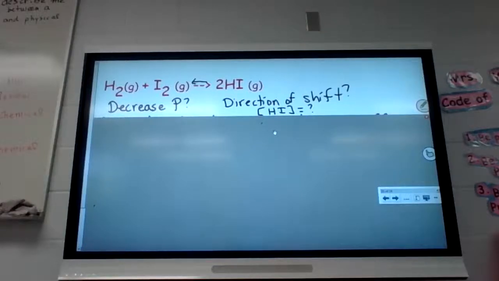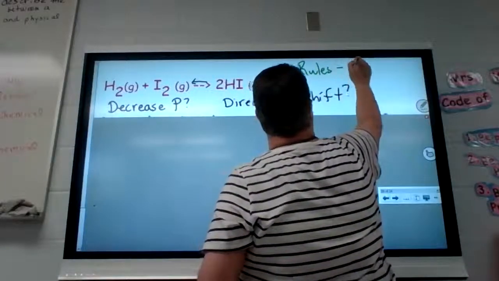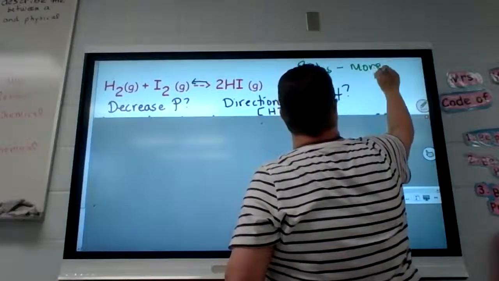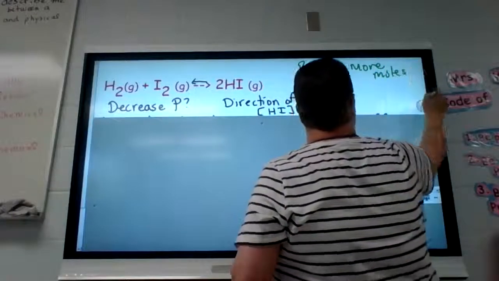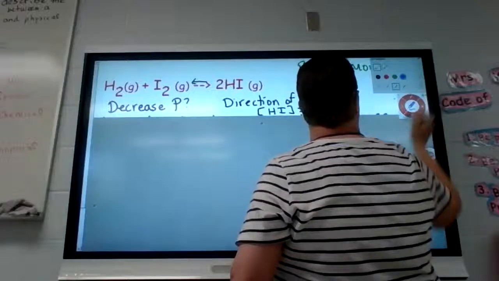To be honest, it will shift to the side of more moles. So the rule is more moles. Oh, they're equal. I have several people yelling at me that it has the same number of moles. So let's double check it, make sure we all agree.